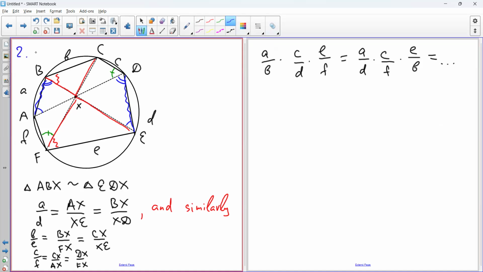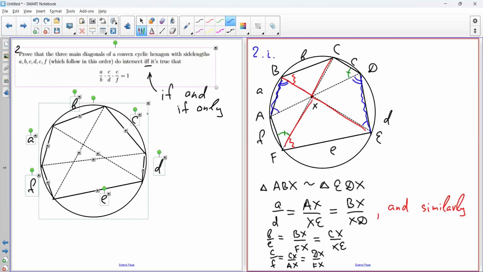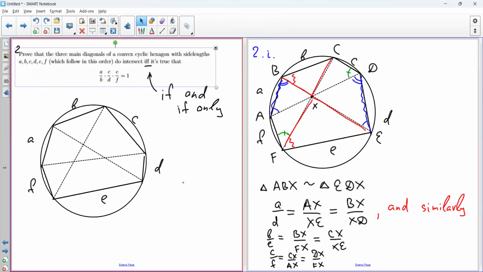So it's 2.1, the first part. And the second part would actually be done by that principle of shifting an element, an example of which we saw in the previous class.